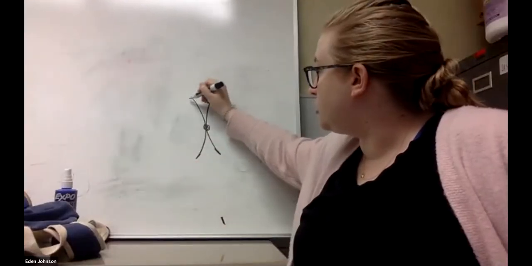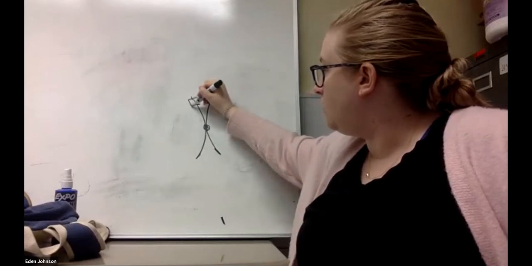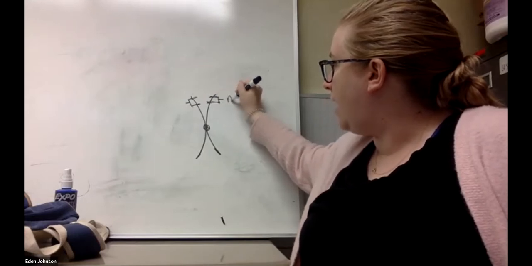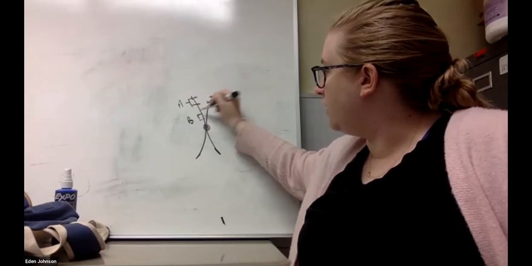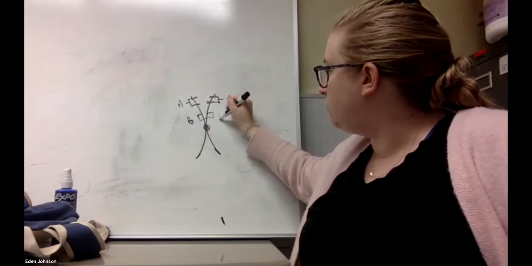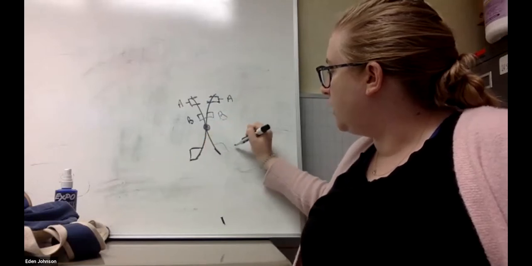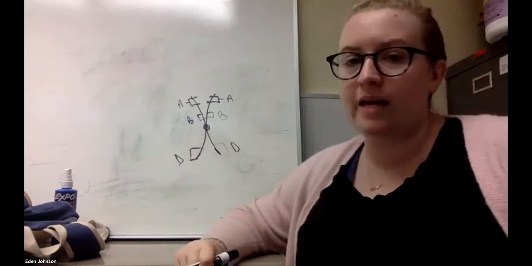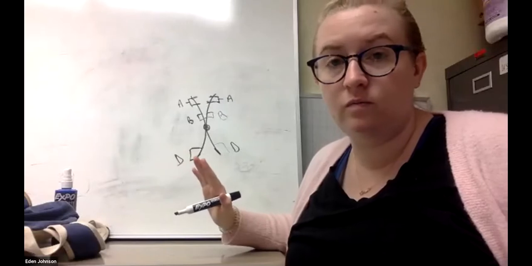So for instance, let's just say that here to here, this is gene A, over here is gene B, and over here is gene D. Okay, so notice you have 2 copies of every single gene.